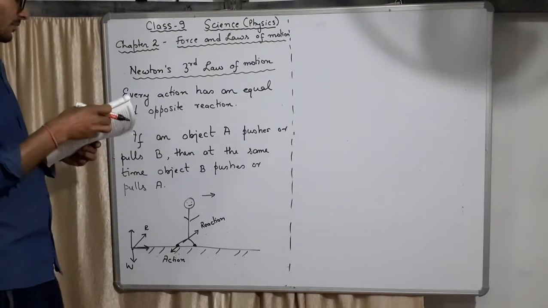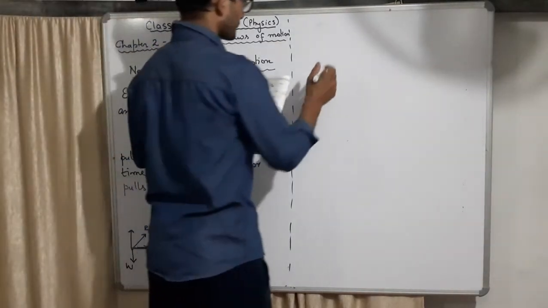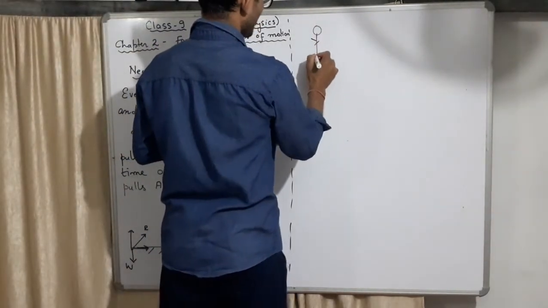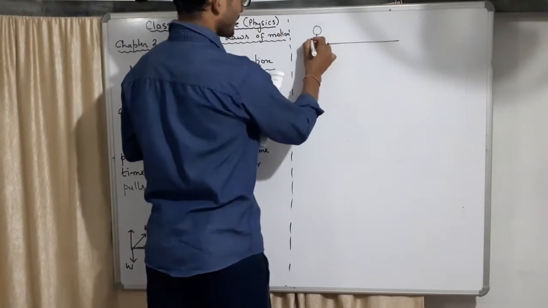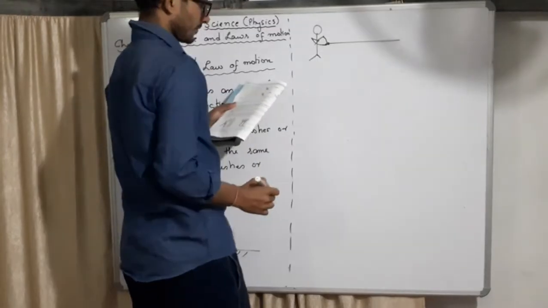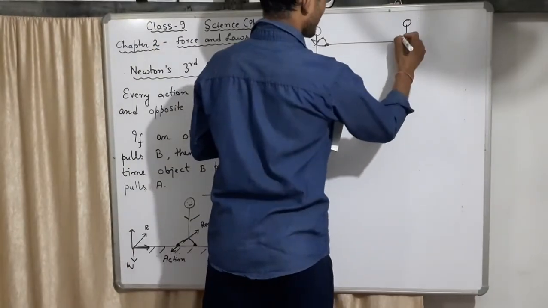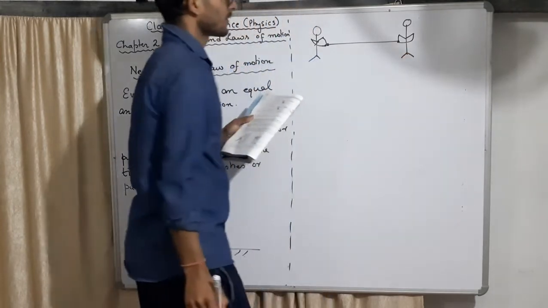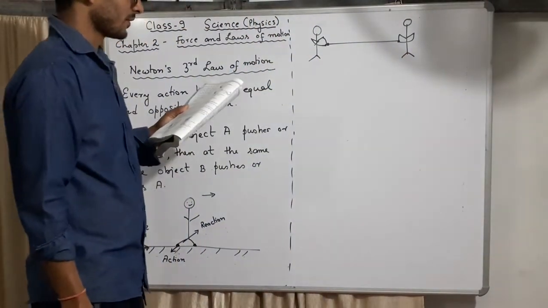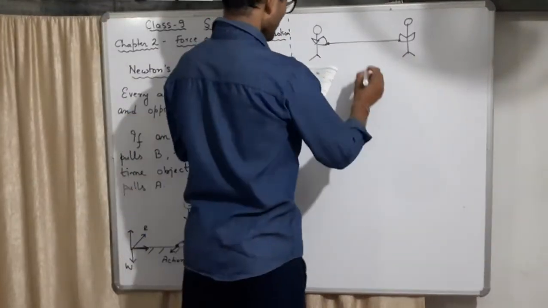Now another example given in the textbook is this. A person is here, a rope is tied here in their hand, and another person is here. They are pulling the rope together.